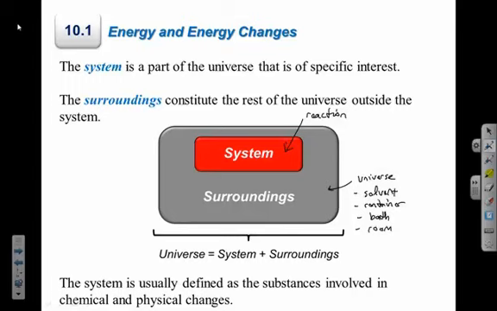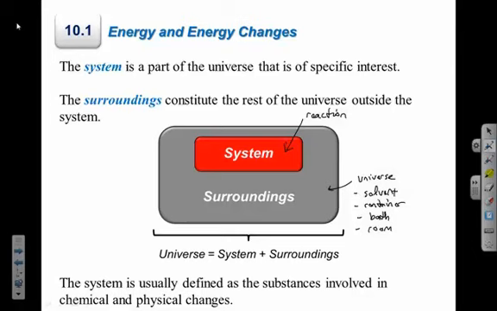Eventually that energy exchange with the surroundings will be dispersed throughout the universe, but we're not worried about the time frame that requires for that to happen. So we're more concerned with the exchange between the reaction or the chemicals or the substance we're dealing with and whatever's immediately surrounding that, which is usually a liquid solvent, but not always.